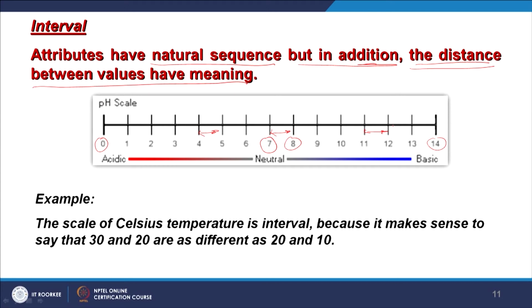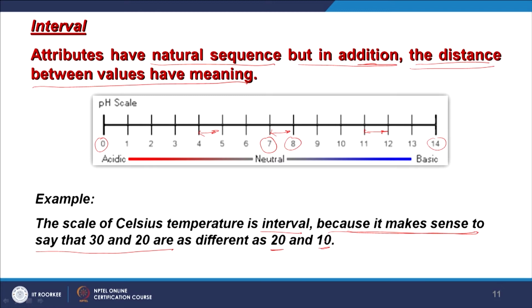Similarly, in the case of centigrade temperature, that is basically an interval attribute, because it makes sense. Now some arithmetic operations are coming. It makes sense to say that the temperature difference between 30 degrees centigrade and 20 degrees is the same as the temperature difference between 20 and 10.